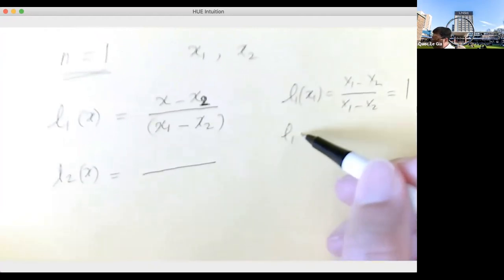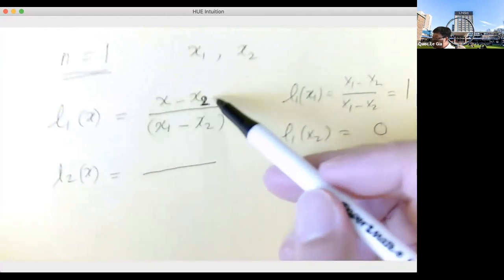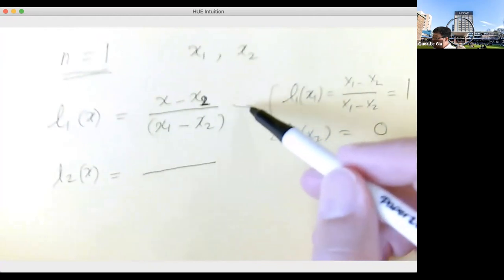And L1 of x2 just equals 0, because you plug in x2 and get x2 minus x2 equals 0. So this is the property of L1.